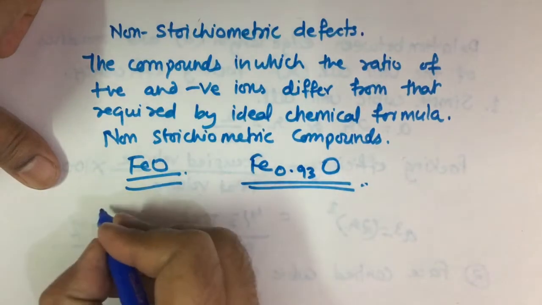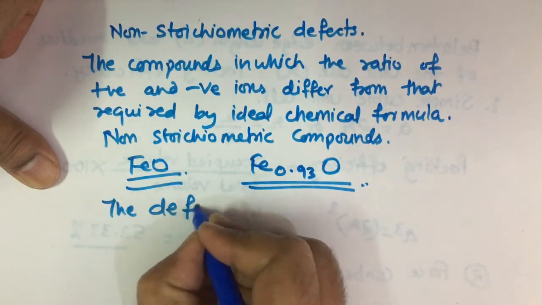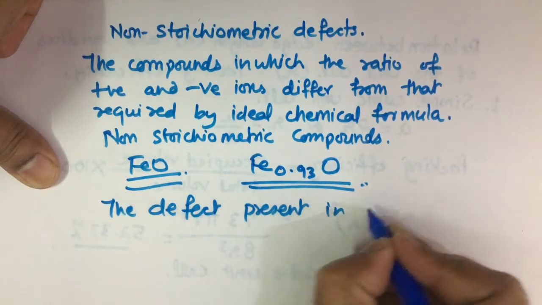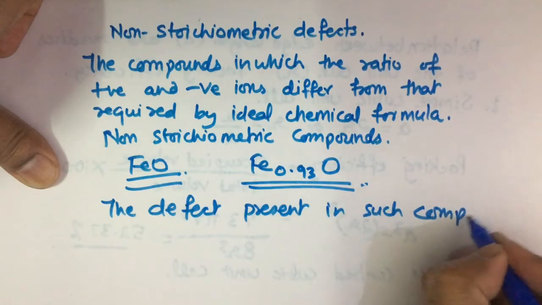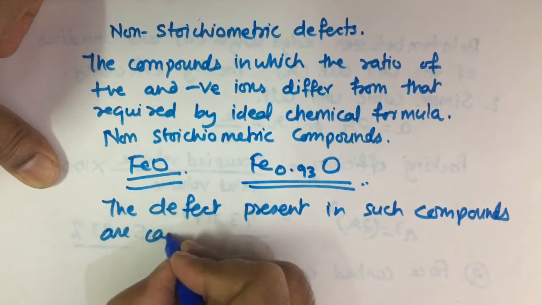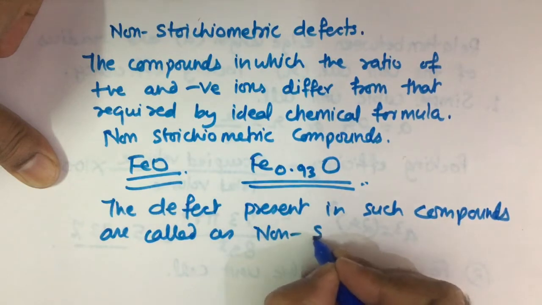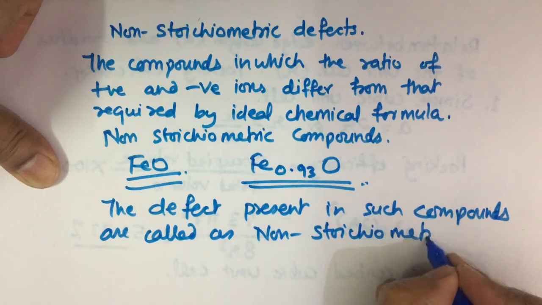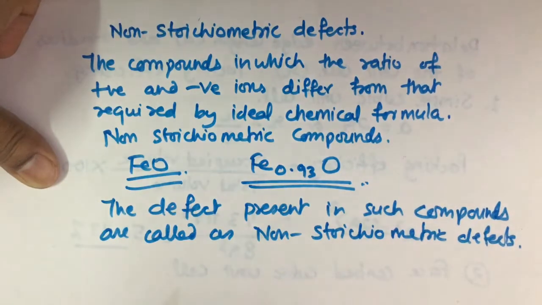And the defect present in such compounds are called non-stoichiometric defects.